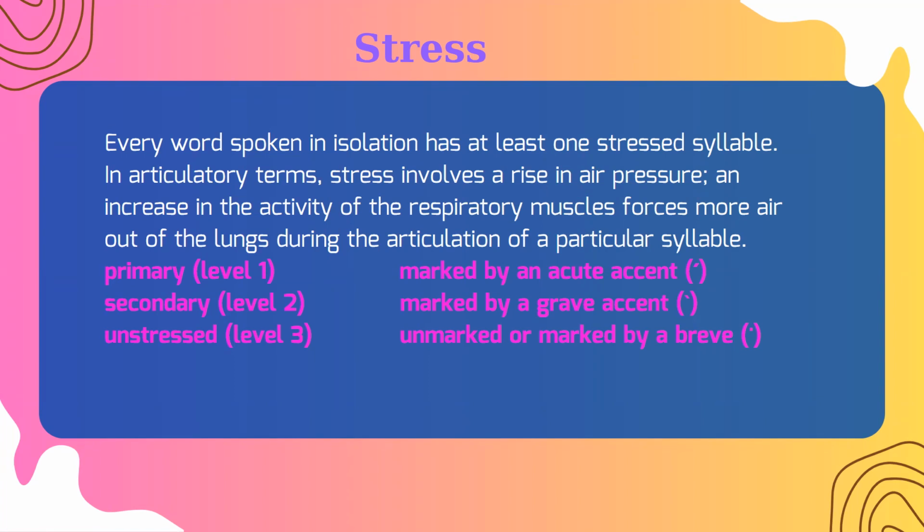Conventionally, different degrees or levels of stress are differentiated at the word level. You can see primary, marked by an acute accent, secondary, level 2, marked by a grave accent, and unstressed, level 3, unmarked or marked by a breve.